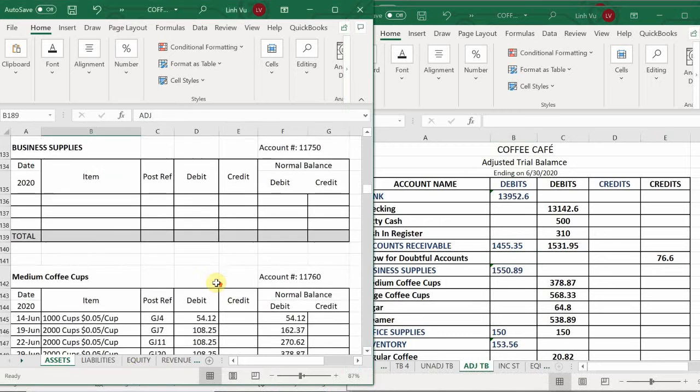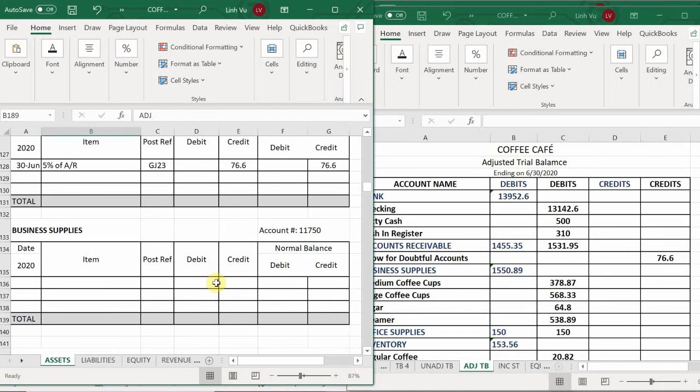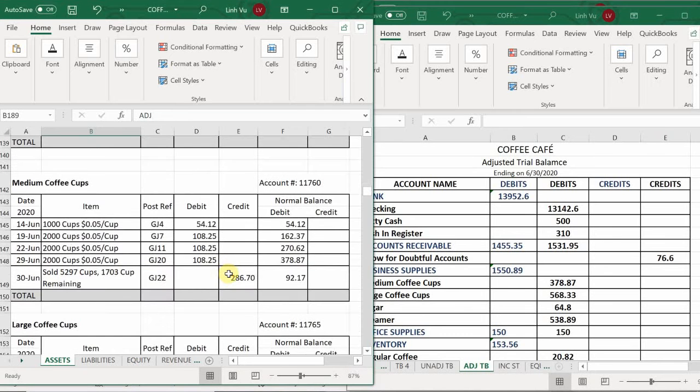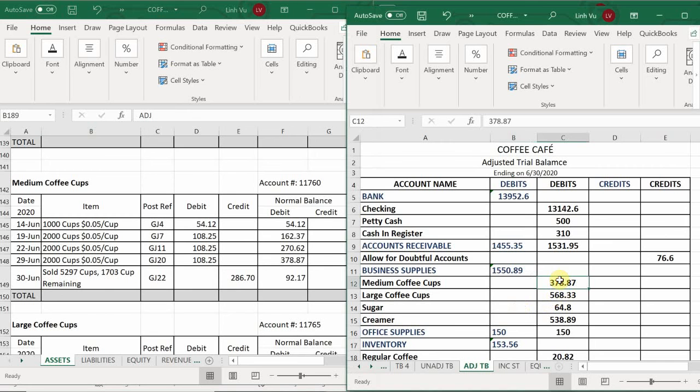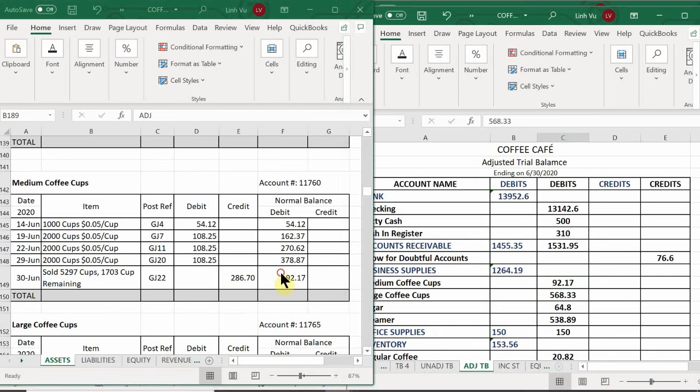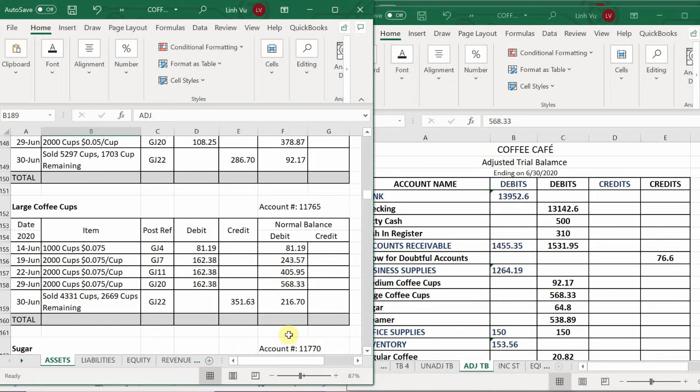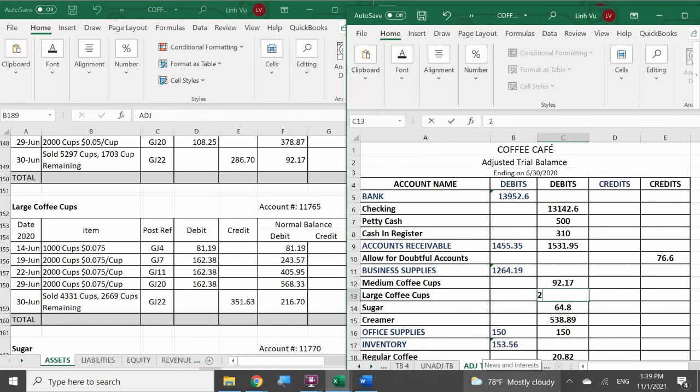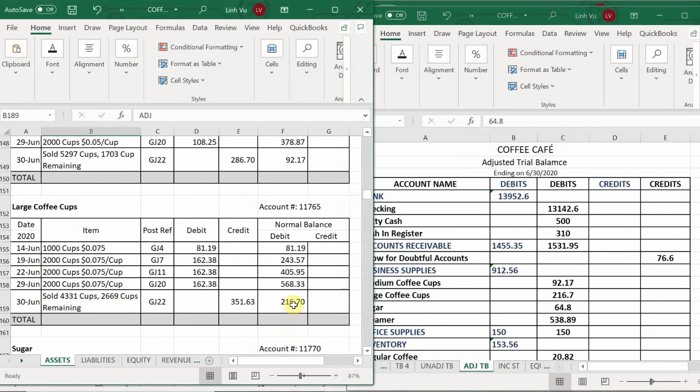Okay. Business supplies. We had to adjust them, right? So what are we at for the medium coffee cups? Medium cup pickup, we have 92.70. Okay. What about large cups? 216.70. Okay. The sugar?